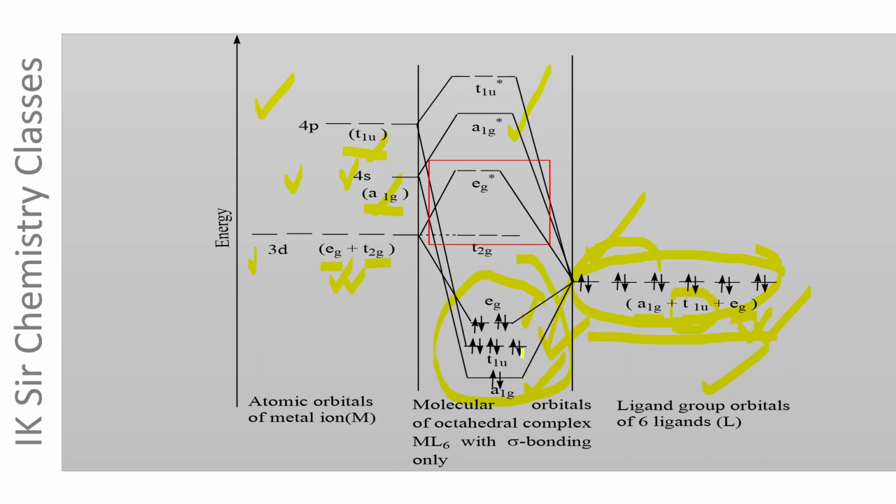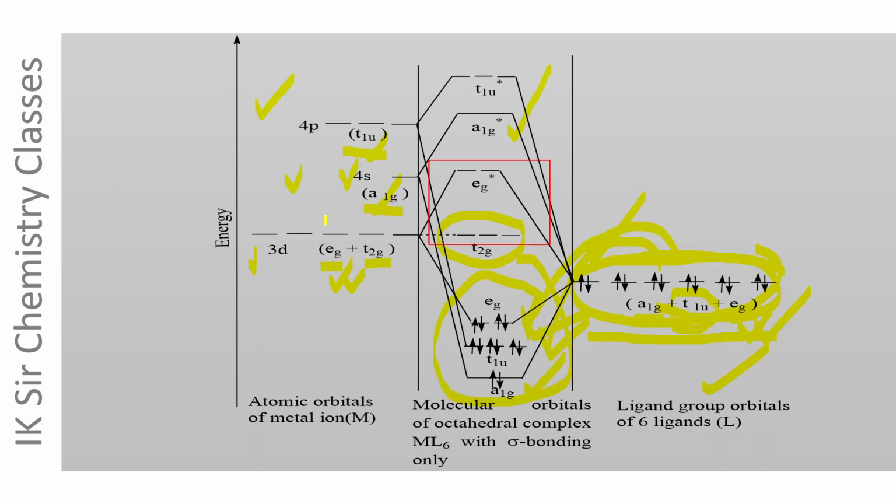Please note that the T2g orbitals of the central metal ion have lobes in between the axes and hence they are not suitable for sigma bonding in an octahedral complex, and hence these remain non-bonding.